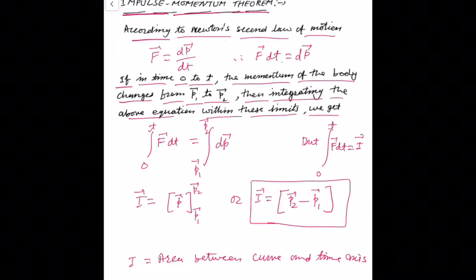When the player lowers his hands and catches the ball slowly, then retardation will be less. Thus, a small force has to be applied to catch the ball, and the chances of injury to the player's palm will be less.